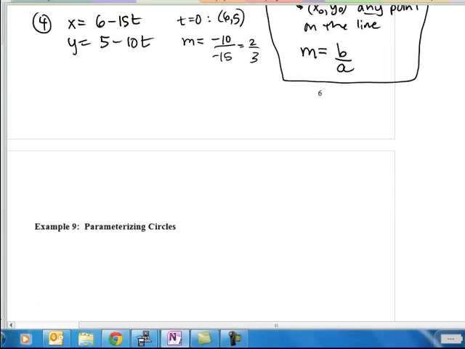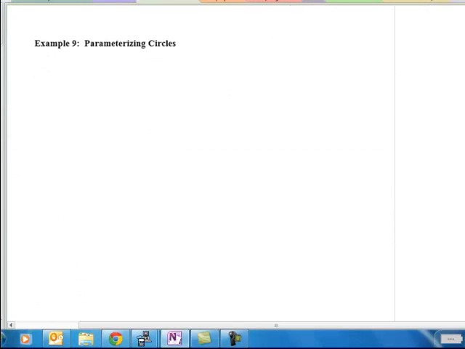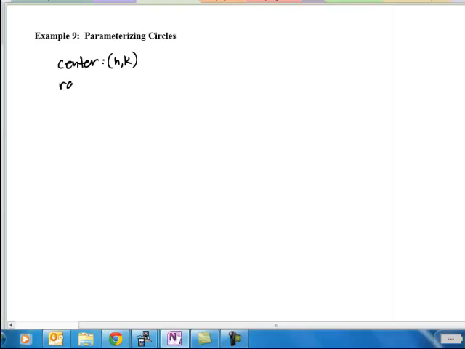Then we want to turn our attention to parameterizing circles in a more general way than we have already. We want to be able to say if we know the center of the circle is, let's say, h,k, and if the radius is r, how can we find a parameterization of that circle? Given the center and the radius would define a unique circle, and then we want to come up with a parameterization for it.